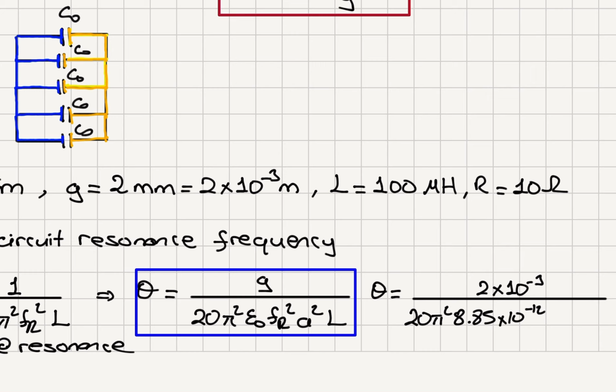Resonance frequency 1180 kilohertz, 1.18 10 to 6 hertz squared. And then I have A squared, 6 times 10 to minus 2 meters squared. And then I have the inductance 100 microhenries, 100 10 to minus 6.